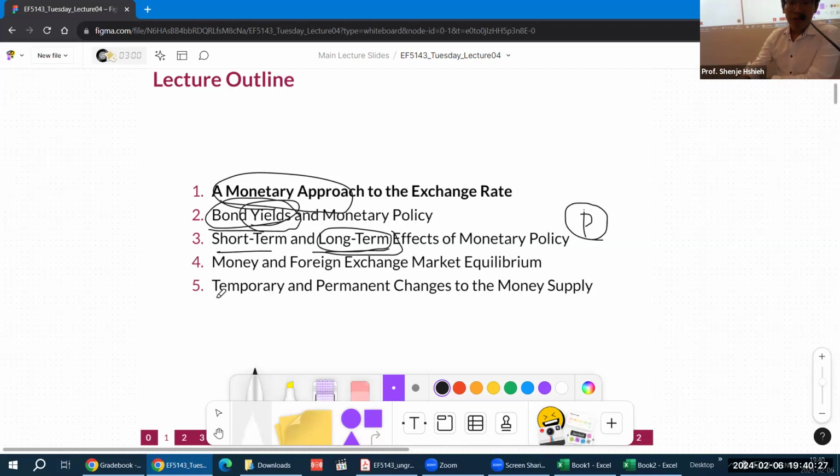The second dimension is temporary and permanent changes in money supply. So this is maybe harder to understand, but let me give you an example. A temporary change in money supply is something that occurred during the financial crisis or during the pandemic. People don't expect central banks to maintain such a large liquidity supply in the system forever, right?